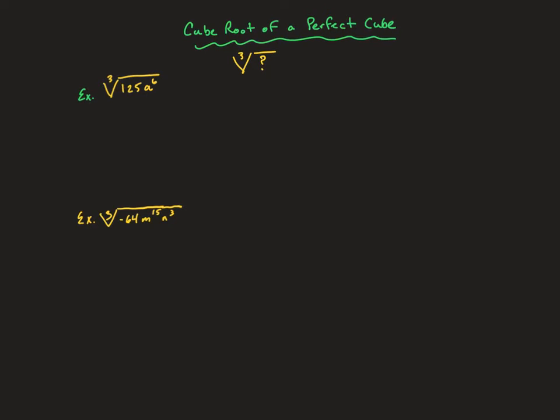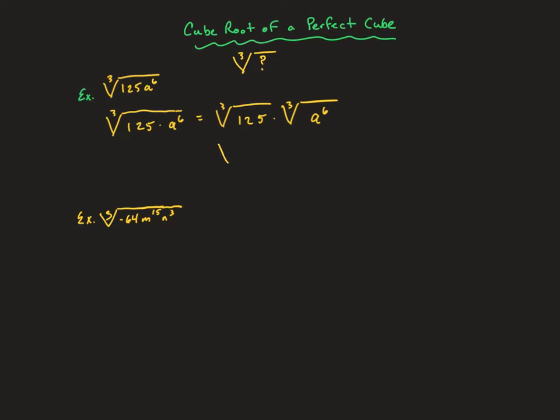looking here at the cube root of a perfect cube. And again, breaking this down, a cube root, again, we're looking for 3 identical factors. So this would be the same thing as the cube root of 125 times a to the 6th, which is going to be the cube root of 125 times the cube root of a to the 6th.